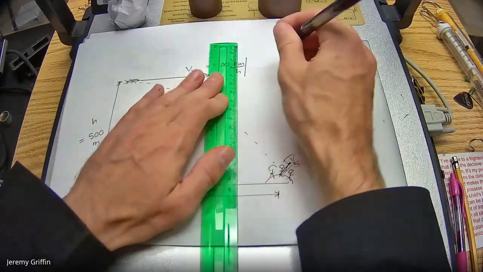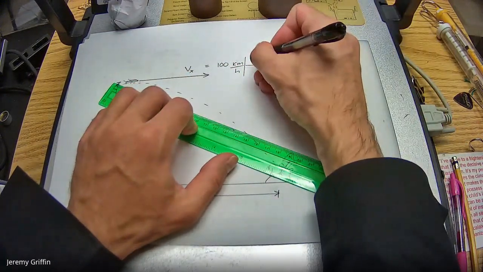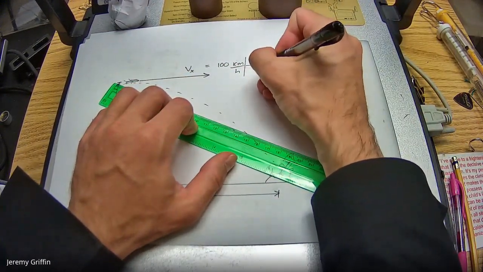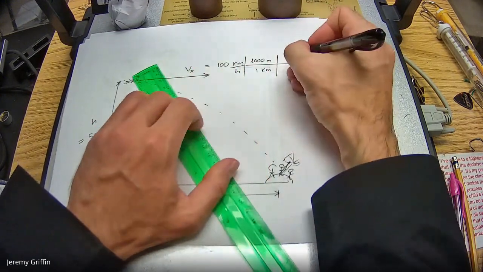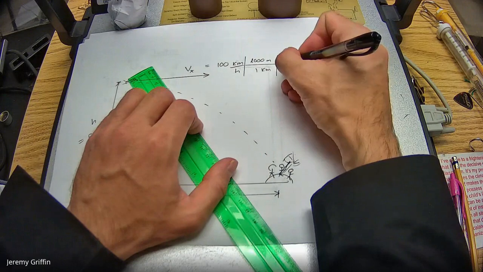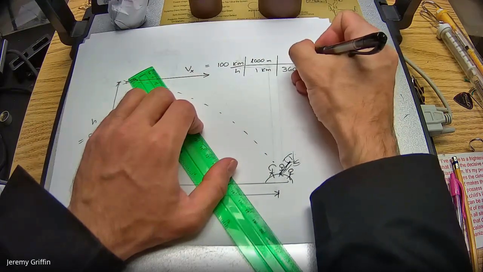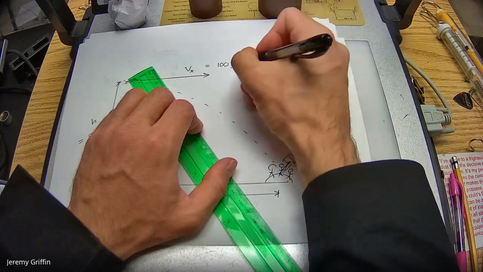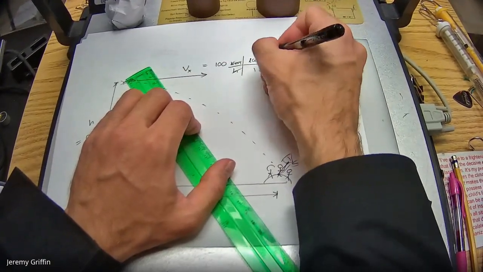So you do have to convert to meters per second. Do you guys know that there are 1,000 meters in 1 kilometer? And do you know that 60 by 60 is equal to 3,600 seconds per hour? Okay, so kilometers cancels, hours cancels, we've got meters per second.